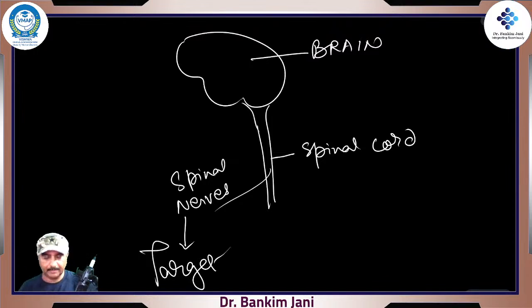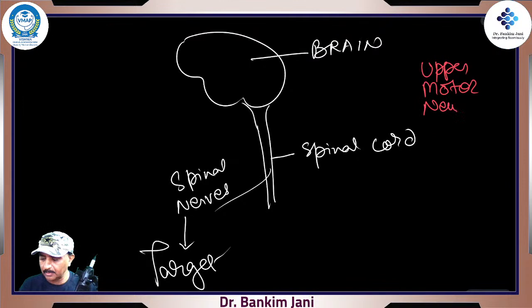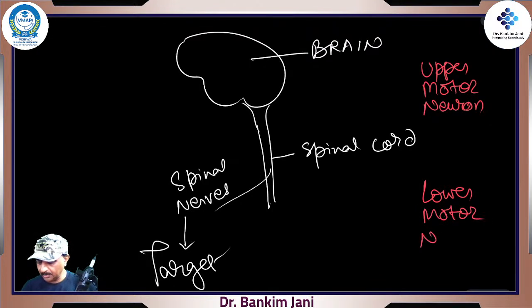A very common term will come in the form of upper motor neuron lesions and lower motor neuron lesions. This thing invariably comes. This is UMN, upper motor neuron, and lower motor neuron.